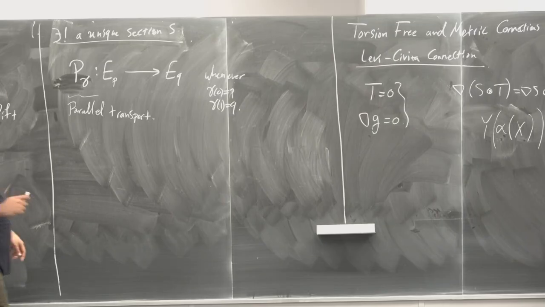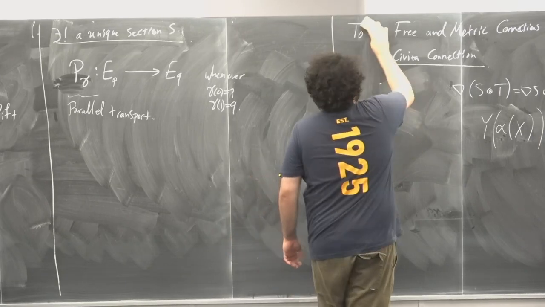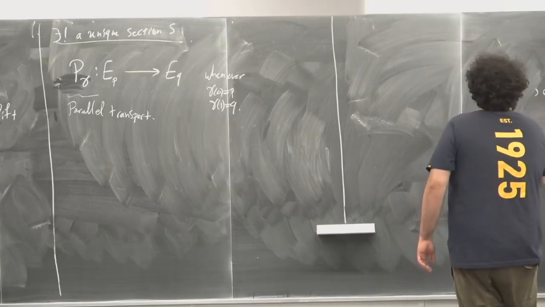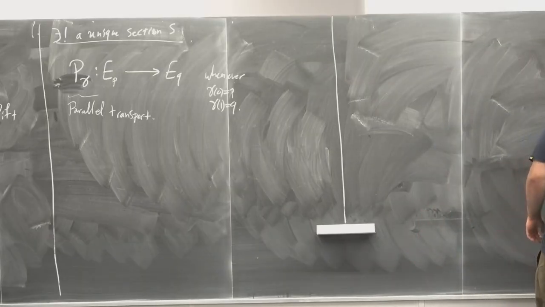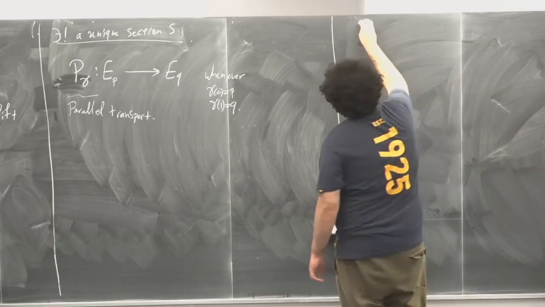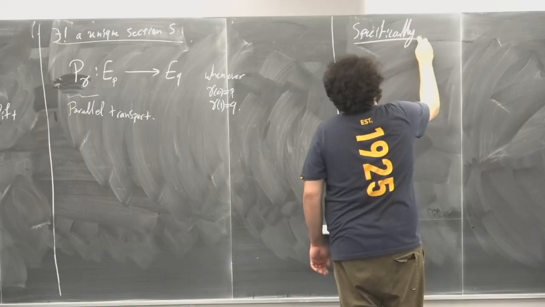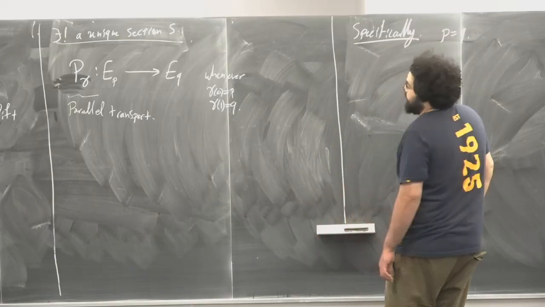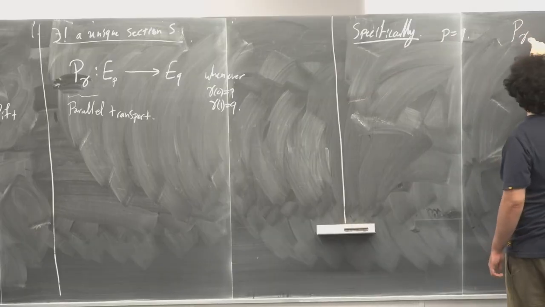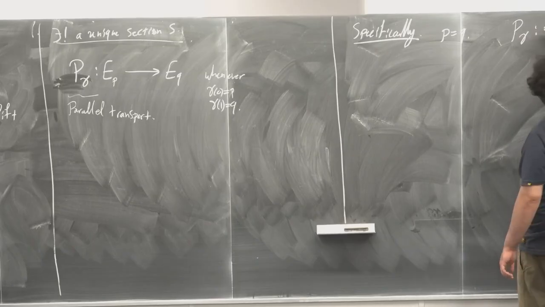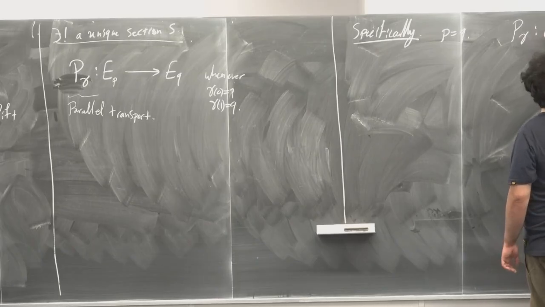Good. So we'll talk specifically now about the case where P is equal to Q. When you have P equal to Q, we actually obtain an endomorphism. It's actually an automorphism from EP to itself.